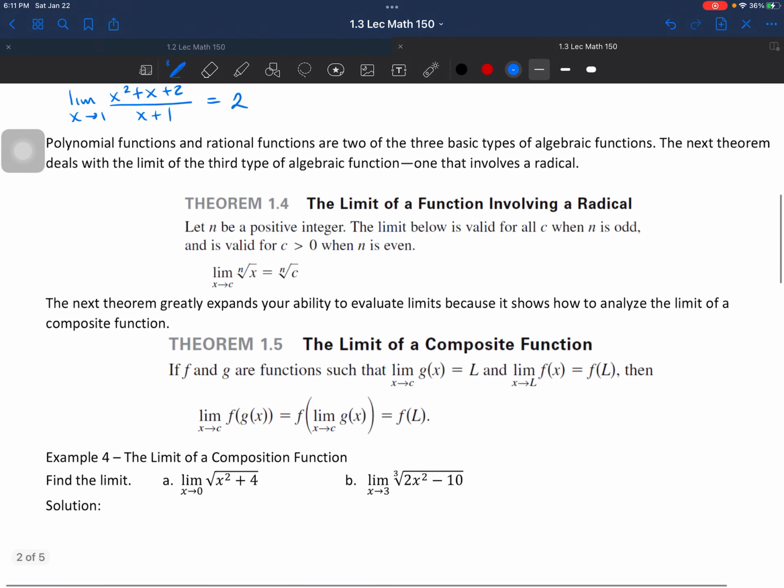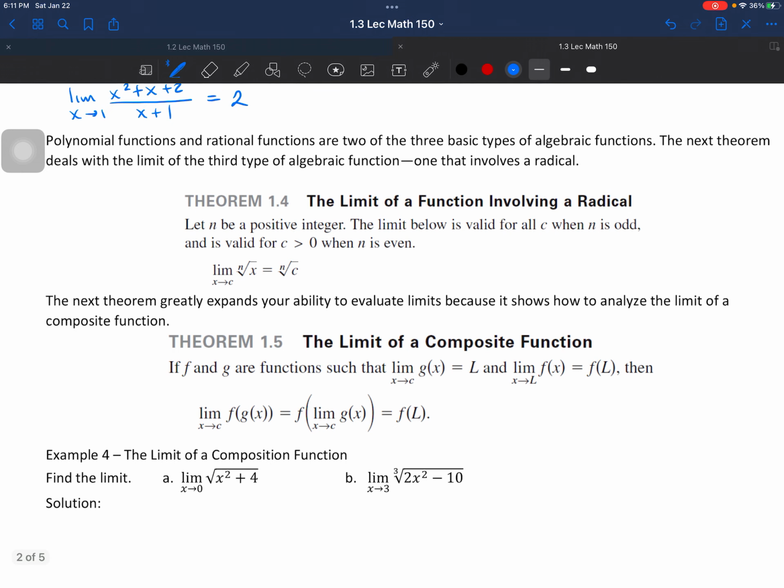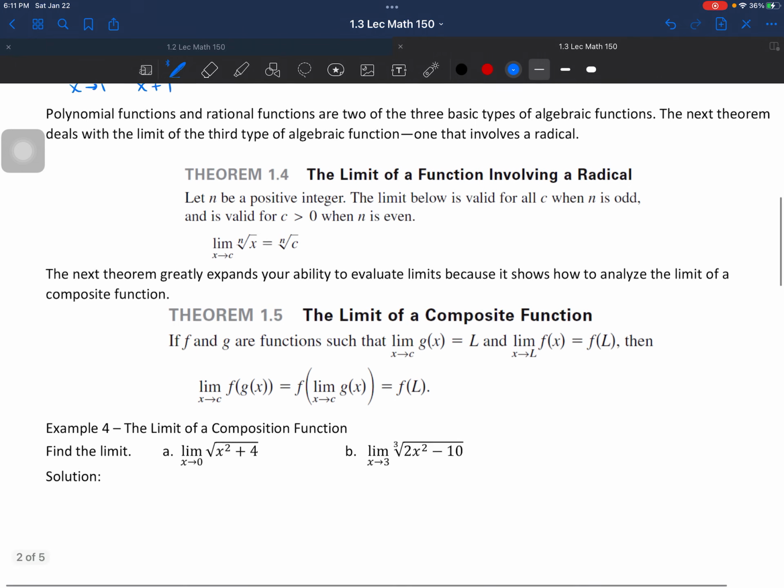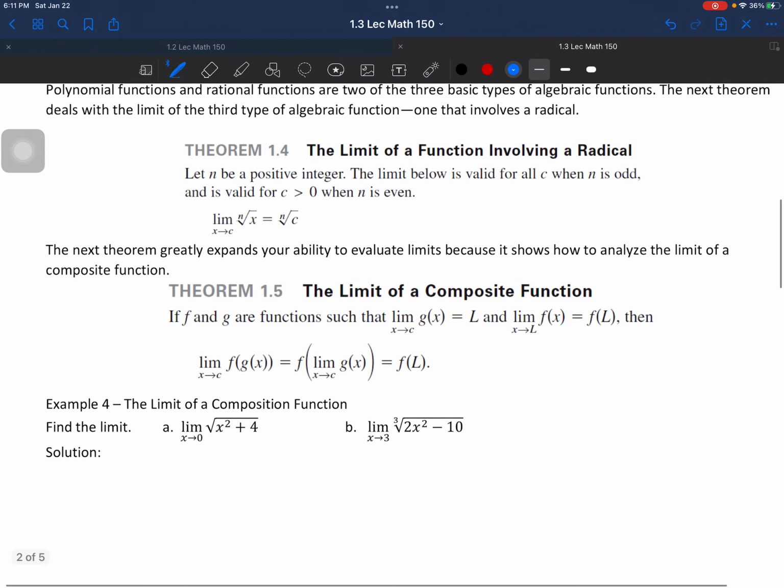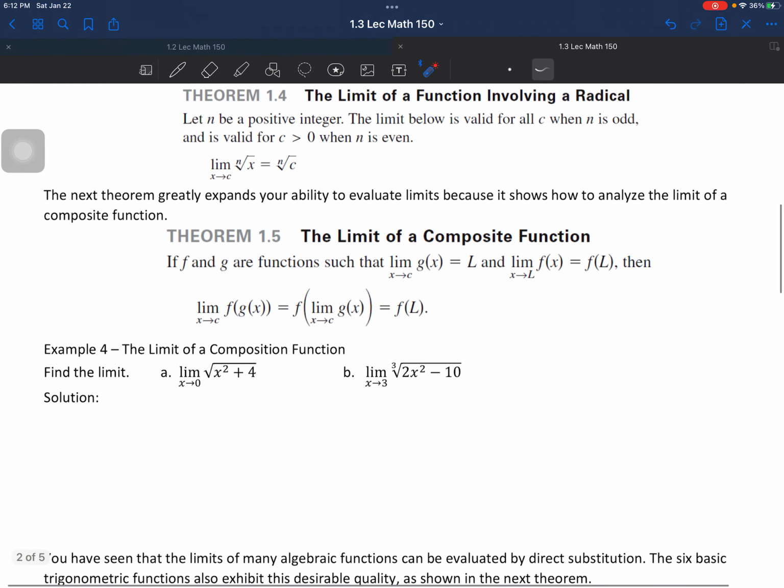This process will also extend to radical expressions, and it's going to be fine as long as the index of the radical is an odd number. You can plug in anything you want. We're actually going to be careful if the index of the radical is even: in that case you can only plug in positive values, because otherwise it will be undefined.